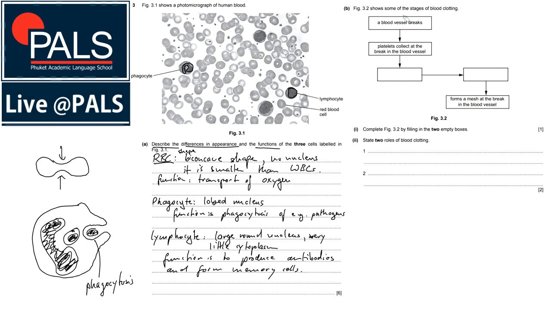Figure 3.2 shows some of the stages of blood clotting. A blood vessel breaks, platelets collect at the break in the blood vessel.